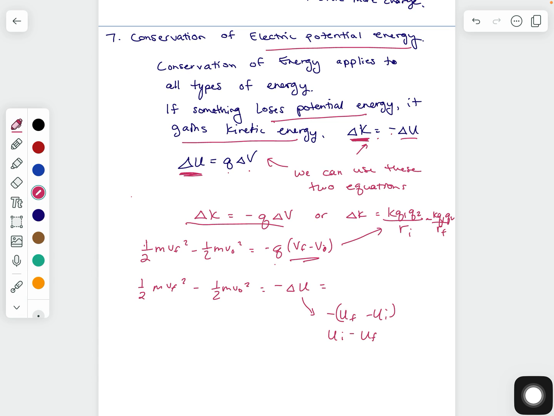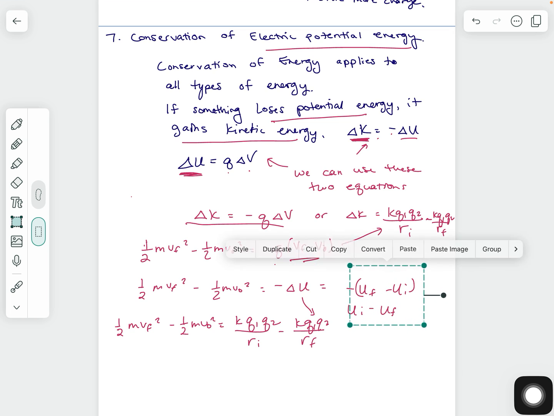So when we would do this, we'd have 1/2 m v f squared minus 1/2 m v naught squared is equal to U initial, which is K Q1 Q2 over R initial, minus K Q1 Q2 over R final. Okay. And I'm just going to try to figure out how to move that. All right. So there we go. Good luck.